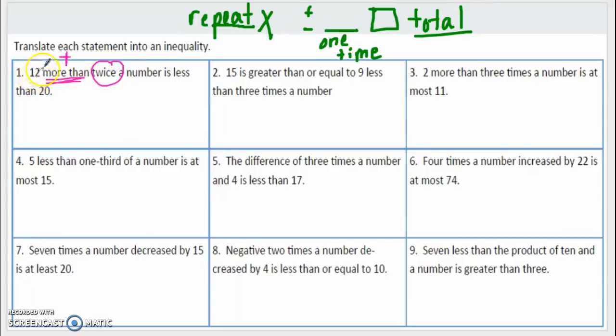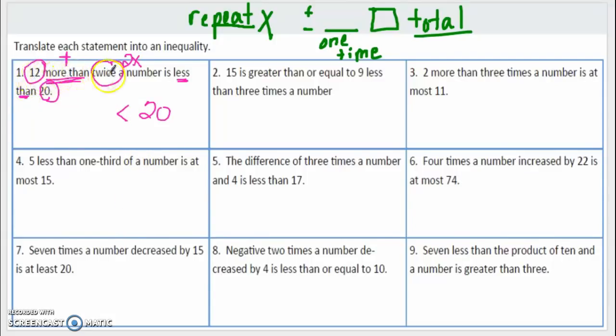Twice a number is one of those hidden numbers, and that means 2 times a number. Is less than 20. So our total is going to be 20. Less than, if we look at our different inequalities from the previous slide, less than looks like that.